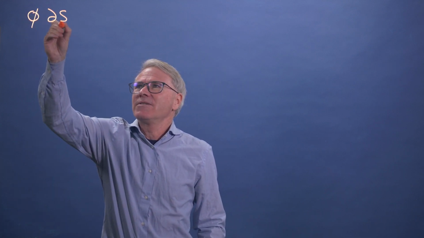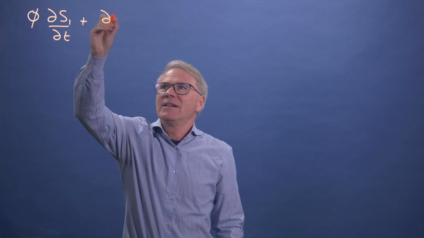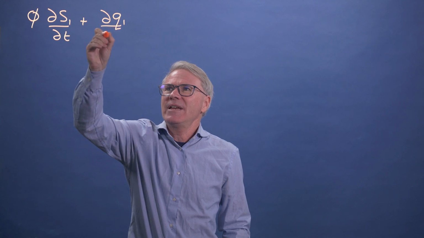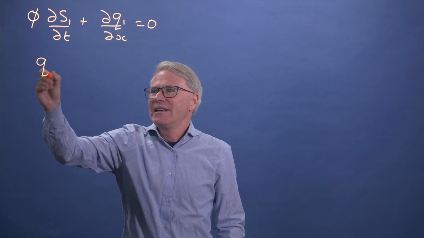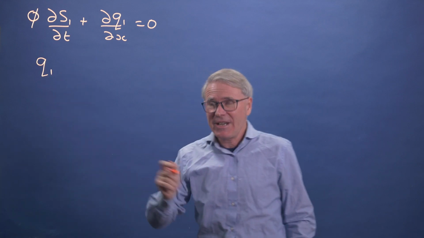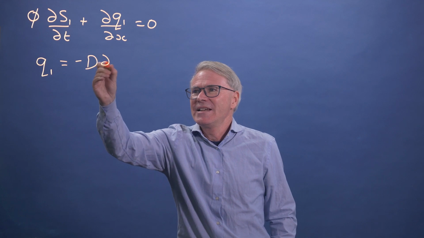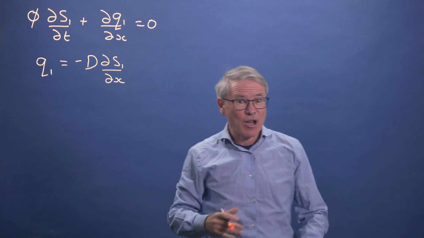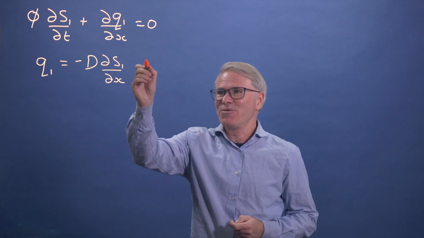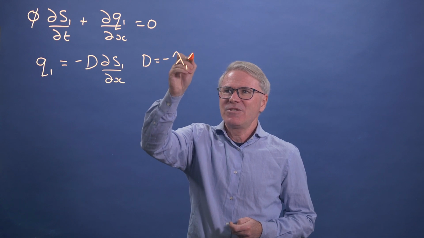So the partial differential equation we're going to solve is as follows. There's a time derivative here and there's a spatial derivative here, but Q is driven by spontaneous imbibition and it's minus D ds dx, and D is our capillary dispersion or diffusion coefficient, and it's got these two mobilities.